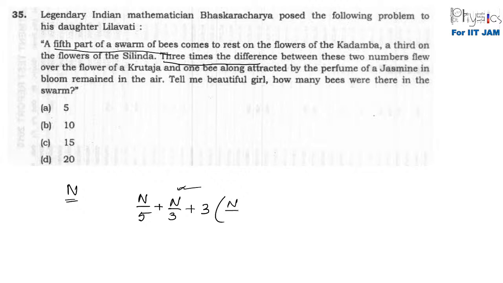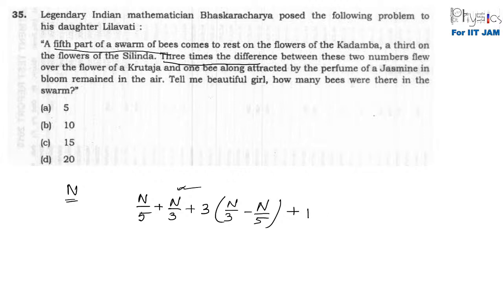That means n by 3 minus n by 5. Since 3 is smaller than 5, n by 3 is greater than n by 5, so n by 3 minus n by 5 is the positive difference among these two. So 3 times the difference between these two numbers flew over the flower of krutaja, and one bee alone, that is plus 1, attracted by the perfume of a jasmine in bloom, remained in the air.